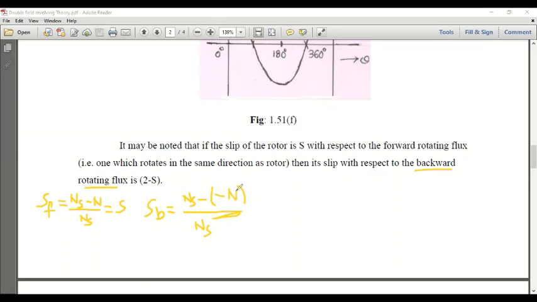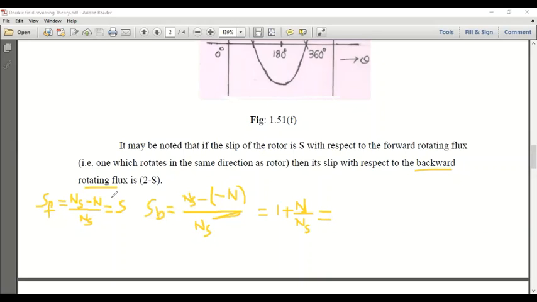So Ns minus of minus N can be written as 1 plus N by Ns.